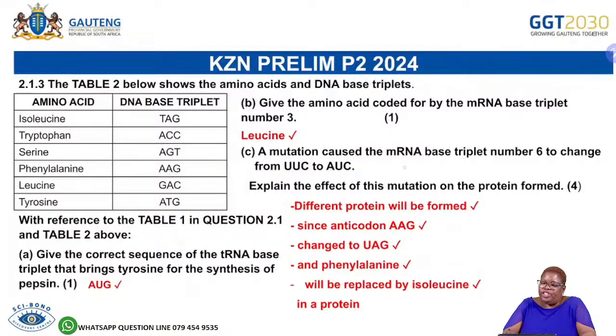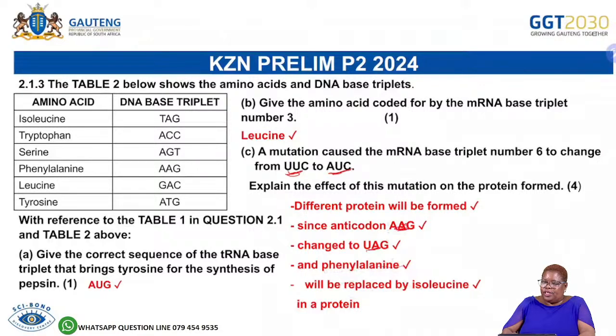And then a mutation caused mRNA base triplet number 6 to change from UUC to AUC. Explain the effect of the mutation on the protein formed for 4 marks. We know different proteins will be formed. And when different proteins are formed, what happens? The anticodon AAG changes to UAG, and the amino acid there is phenylalanine.